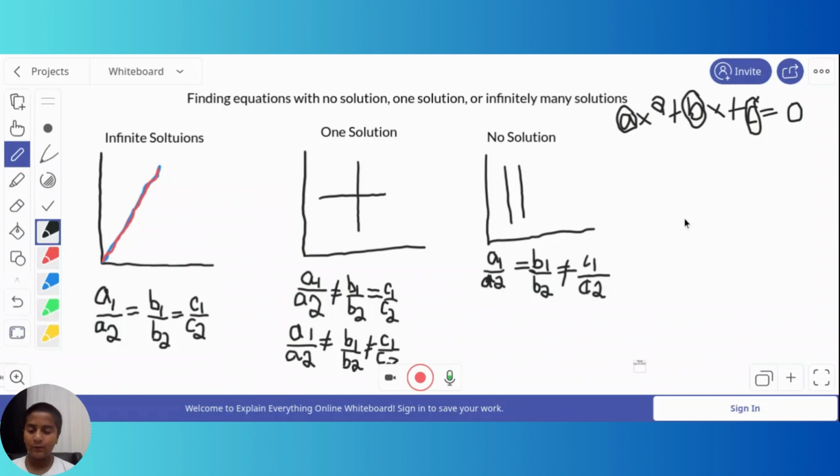That's the same thing with a1, b1, and c1, except that for a1 and a2, there are two equations.